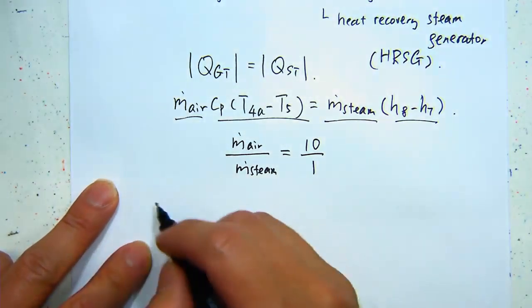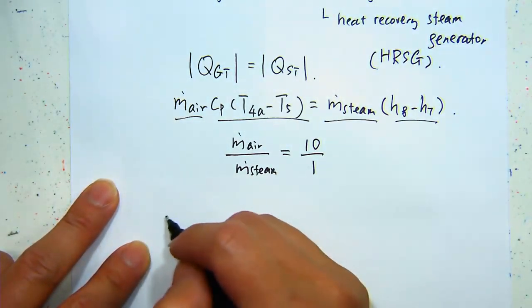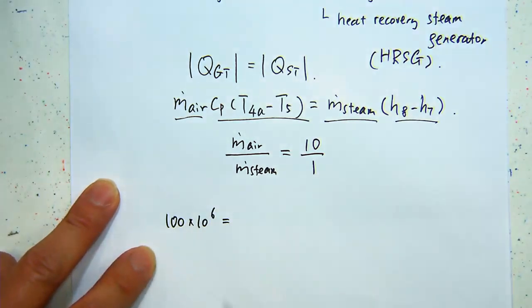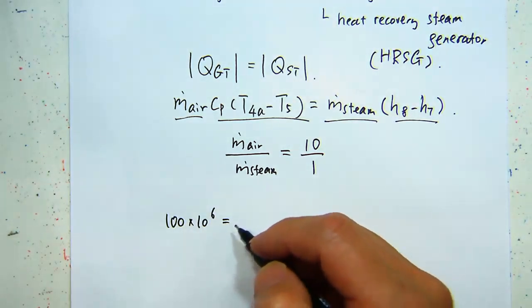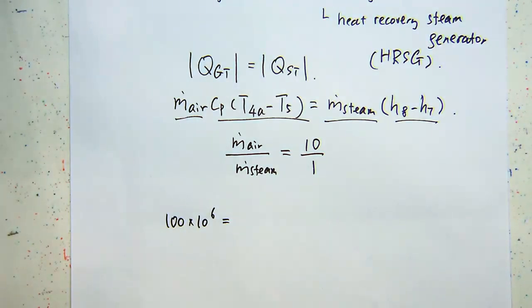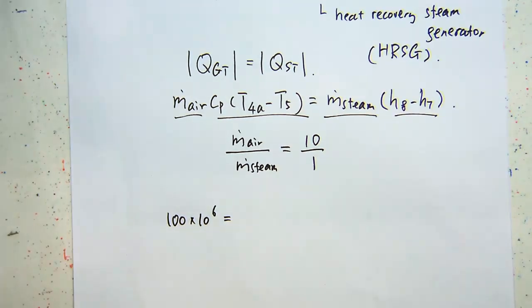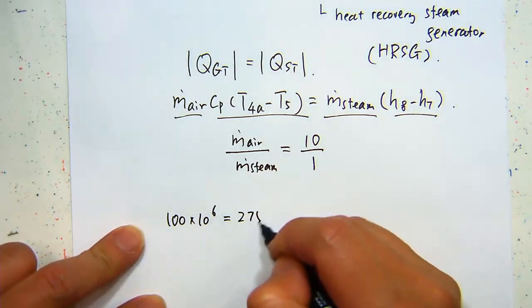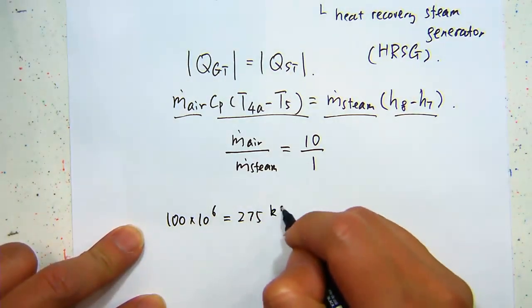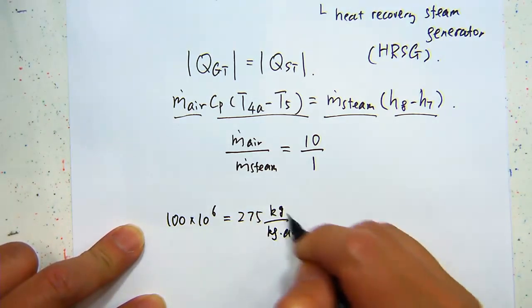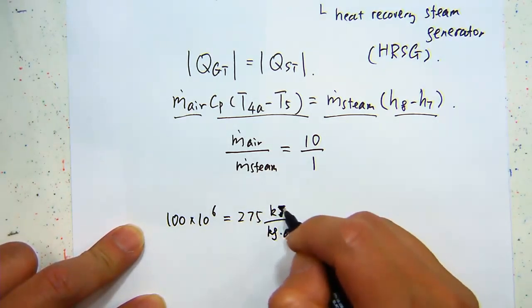So we have 100 megawatts that equals the value that we obtained, from 275 kilojoule per kilogram of air.